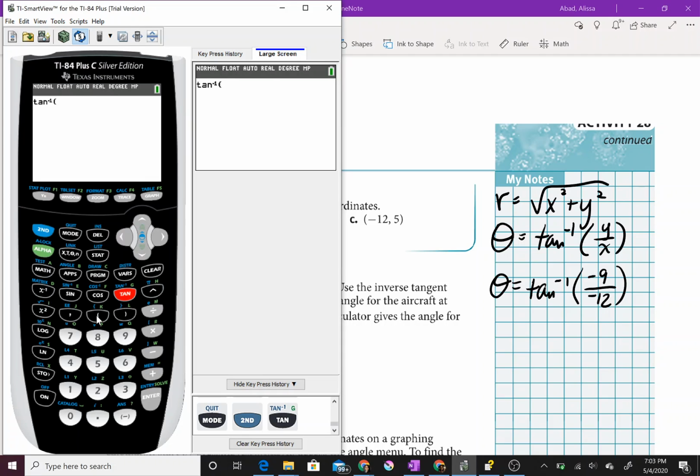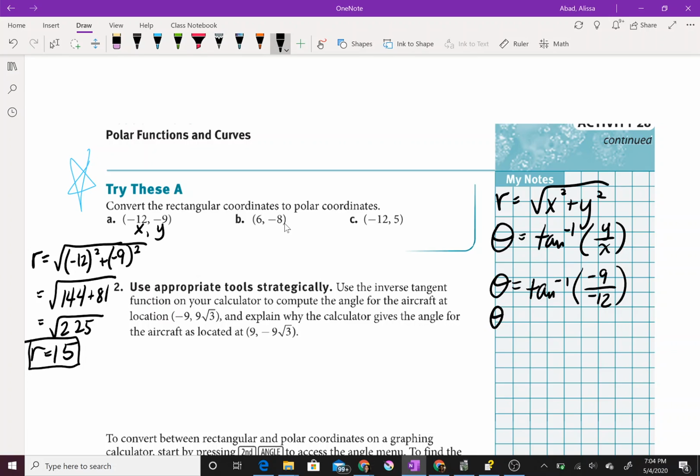I put in parentheses -9 and use the negative key over here. Divide that by -12. Close parentheses there. And I have the degrees, let's put it to the nearest tenth. That's 36.9 degrees here. So I'm going to keep that in mind.